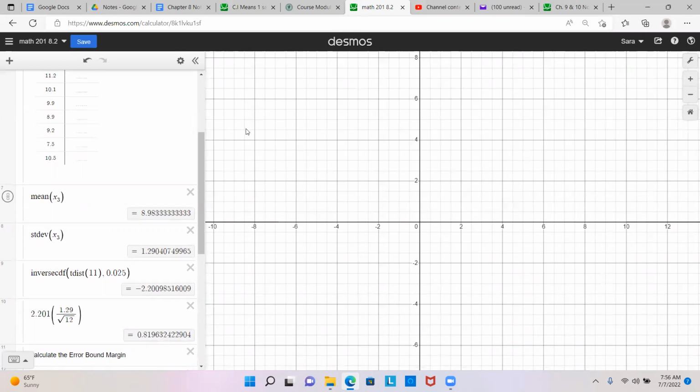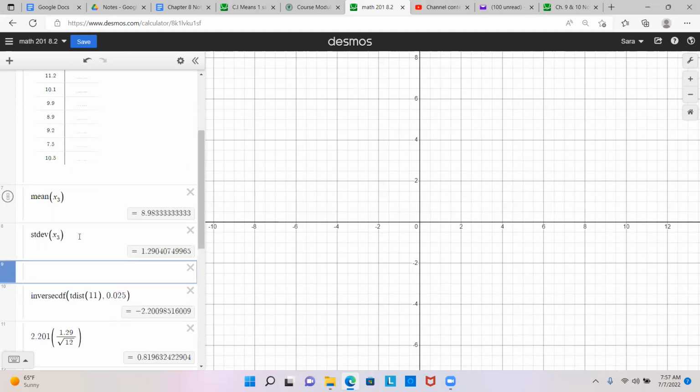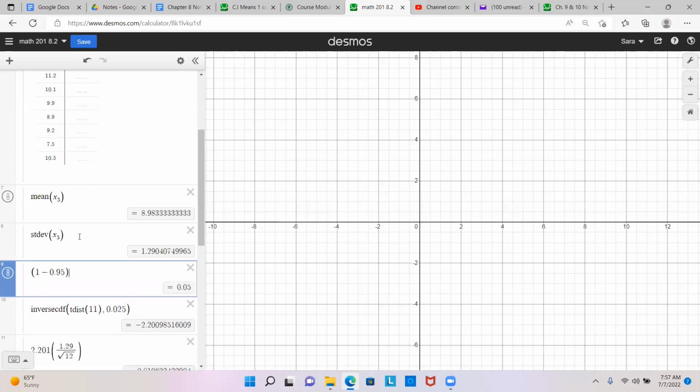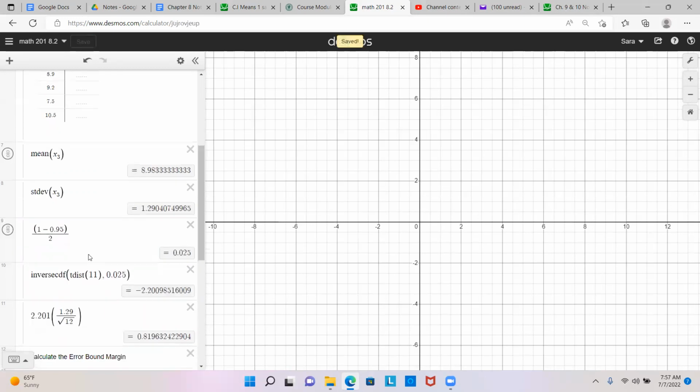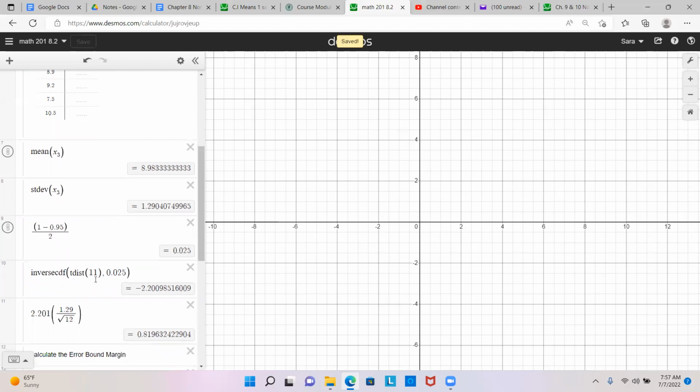And for our critical T, we just had to put in 0.025 because it's a 95% confidence level. So we can find our area as 1 minus 0.95, divided by 2. That will tell us that it's 0.025. And then we put in our degrees of freedom.